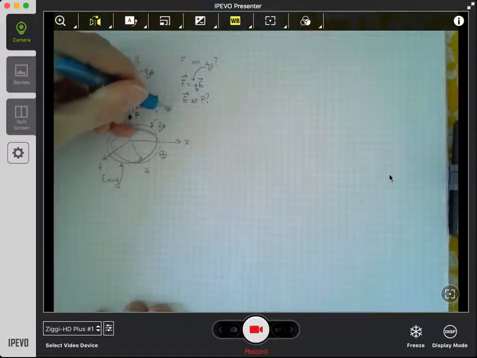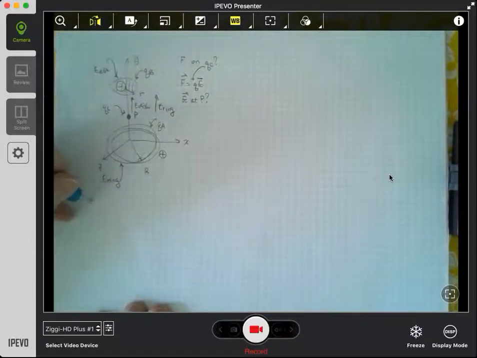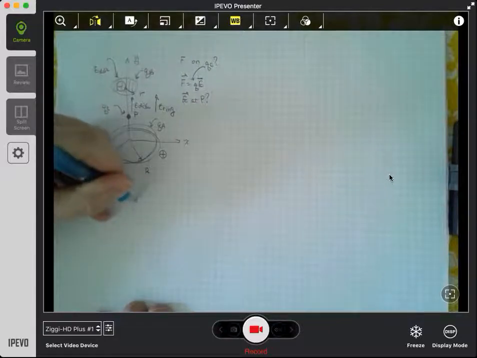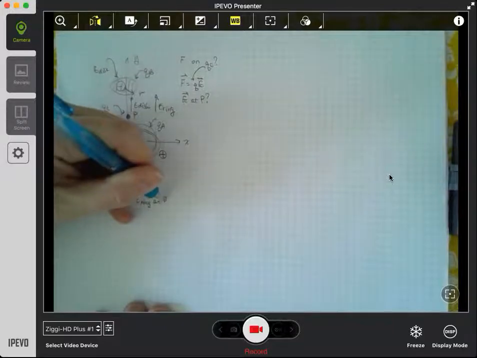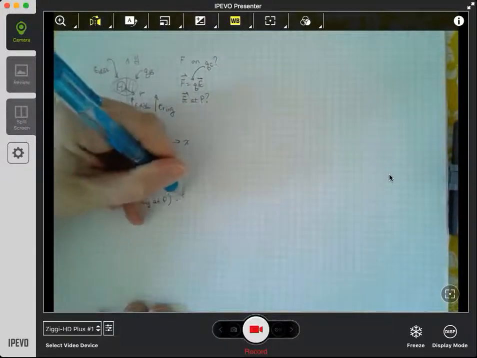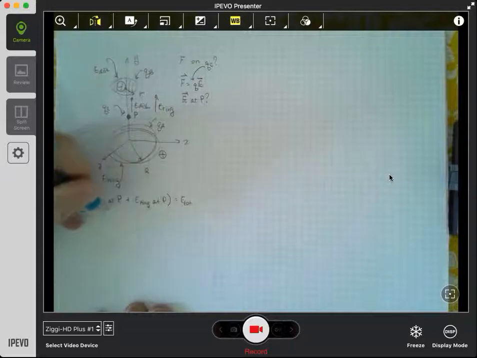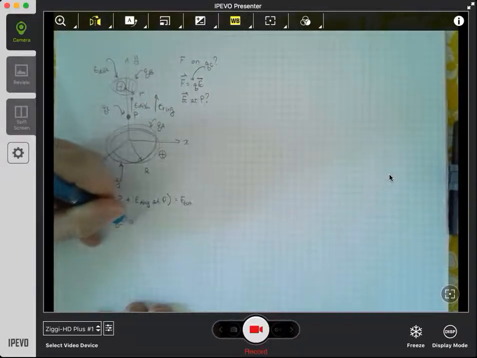So in this case, you'd find the E field due to the disk at P, and then add the E field due to the ring at P to get your total E field. And then your force on C is simply QC times E total.